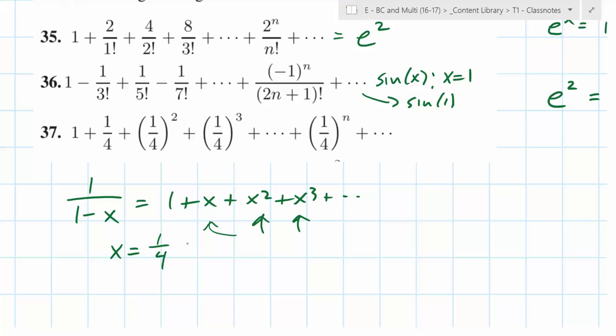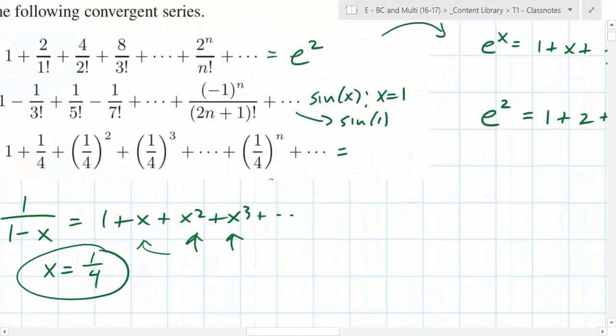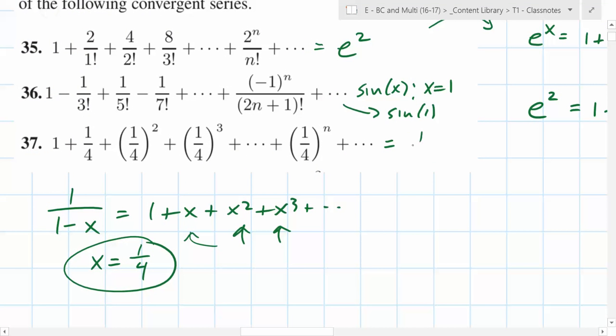So when you plug in 1/4, what does this equal? 1 over 1 minus a quarter. The answer is 4/3.